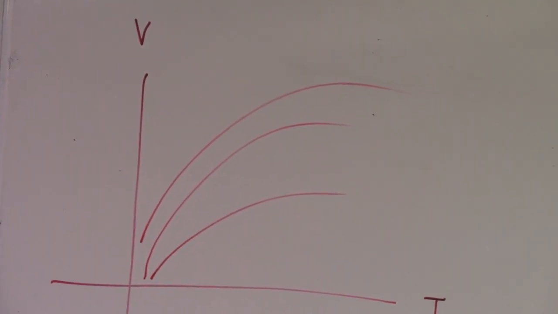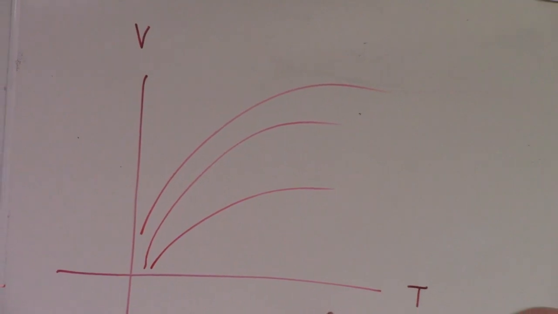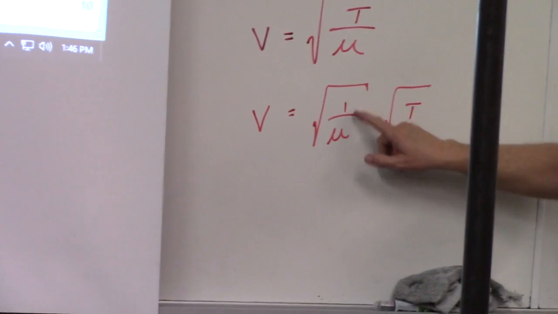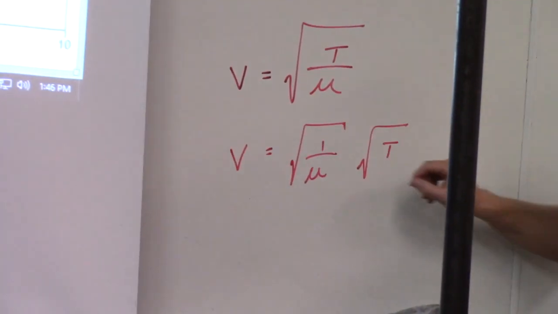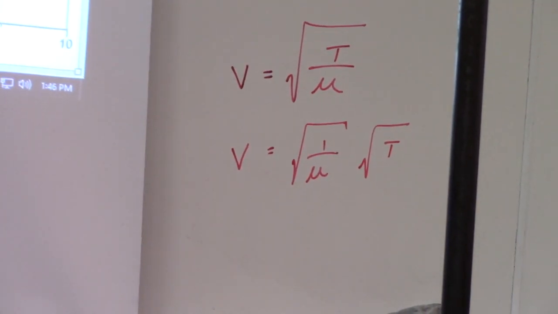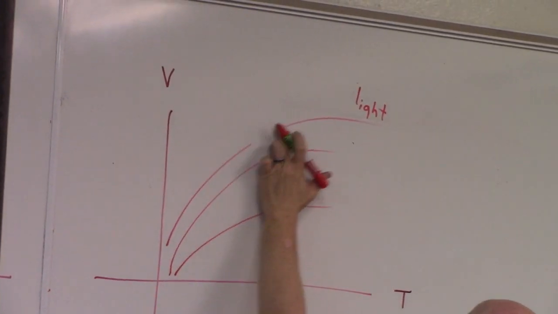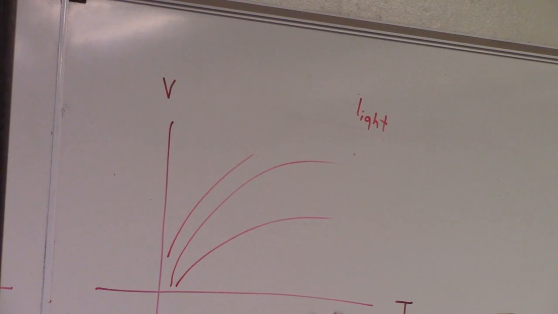Now, I didn't give them the same tension, so I probably should modify this a little bit. But you see the one with the smaller mass density, 1 over a small number is a big prefactor. So this would be the light string. And the light string would go from the small tension to maybe about there.